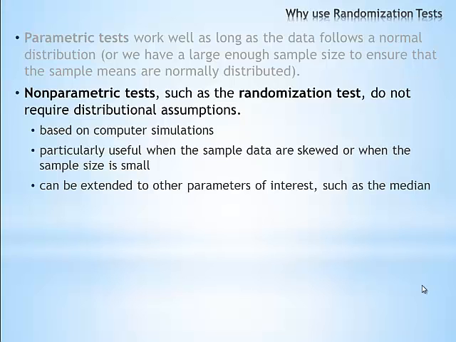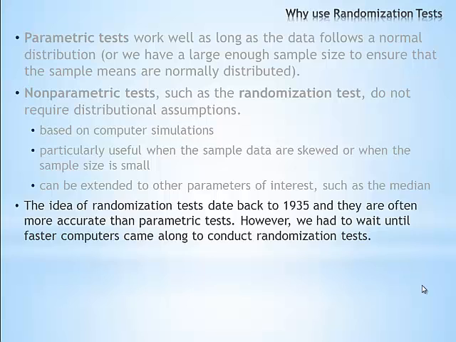In 1935, R.A. Fisher, perhaps the preeminent statistician of the 20th century, introduced the randomization test in his famous book, Design of Experiments. At that time, he acknowledged that the randomization test was not practical because of the computational intensity of the calculations. Clearly, 1935 predates modern computing, where we could use computers to create simulation studies.